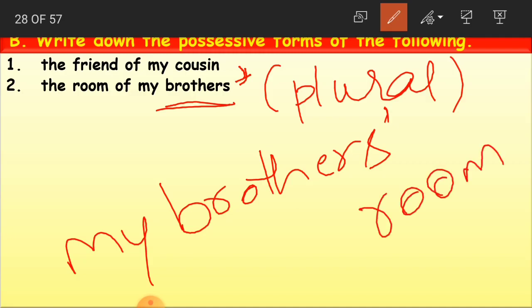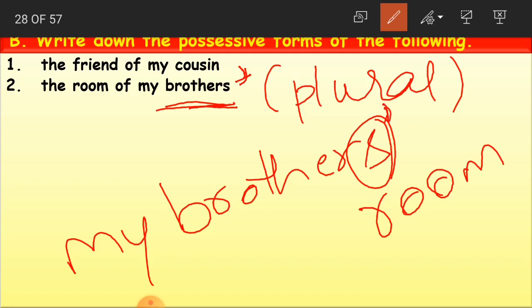You have to write like this. Because the noun is plural and it is ending with the letter s, you have to add the apostrophe after s.